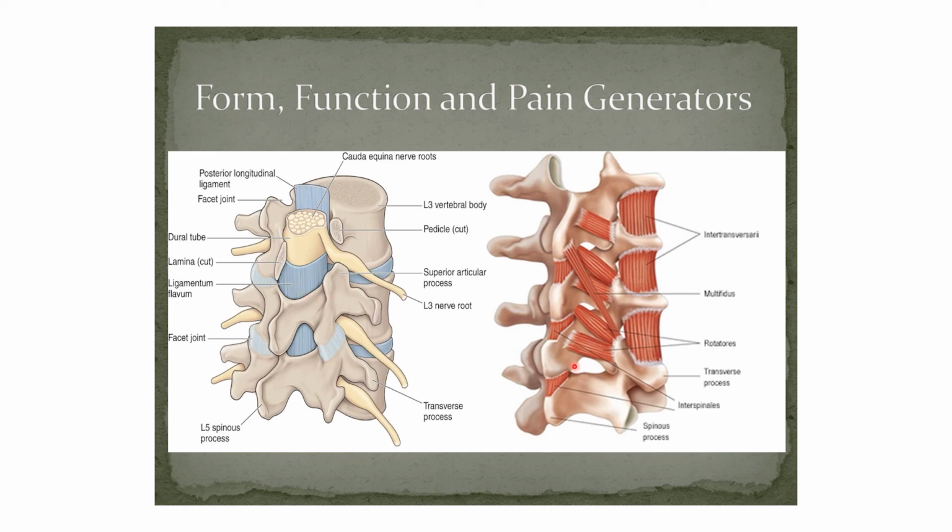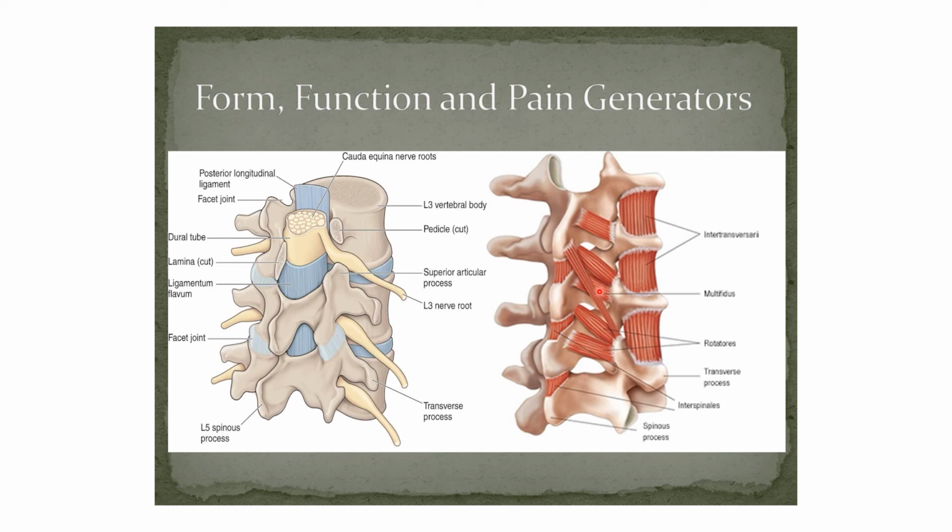Here to the right is superimposed some of the small intrinsic muscles that are in the spine. These are the muscles that don't get enough publicity. Specifically, this group right here called the multifidi. The multifidi's job is to keep the spine in its proper orientation.